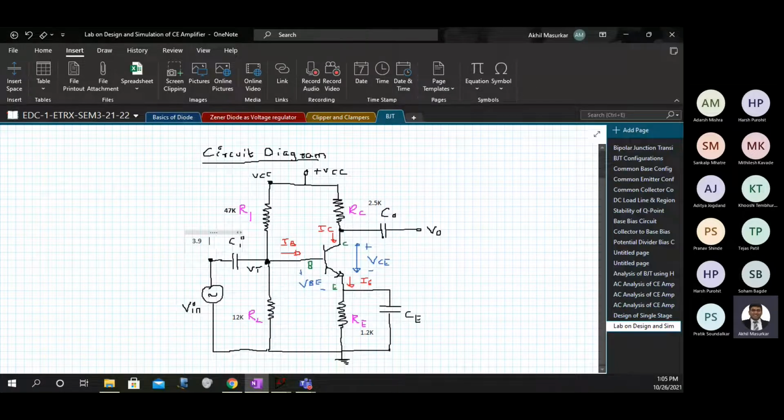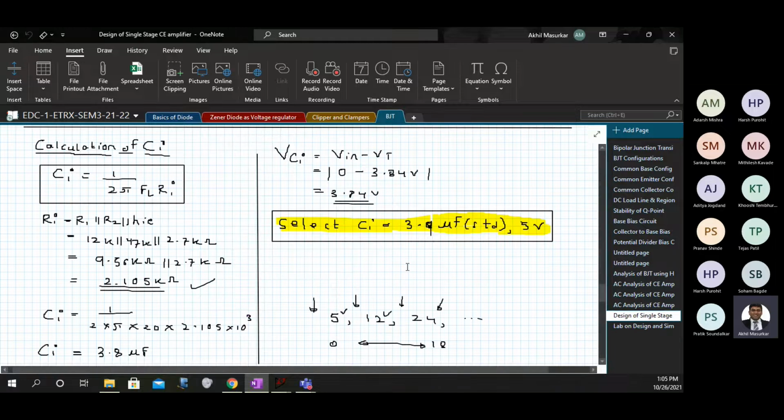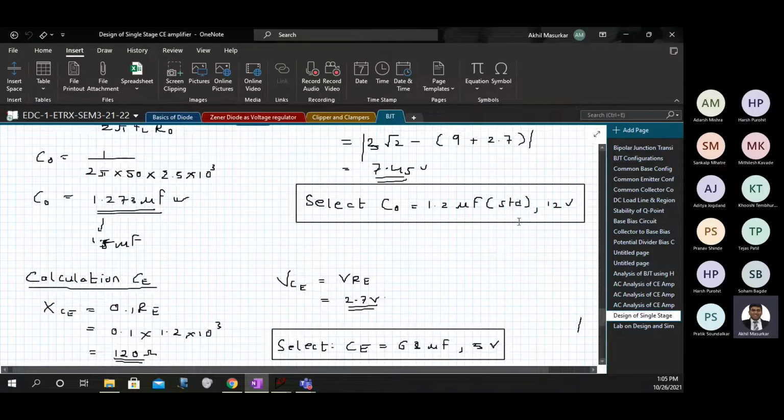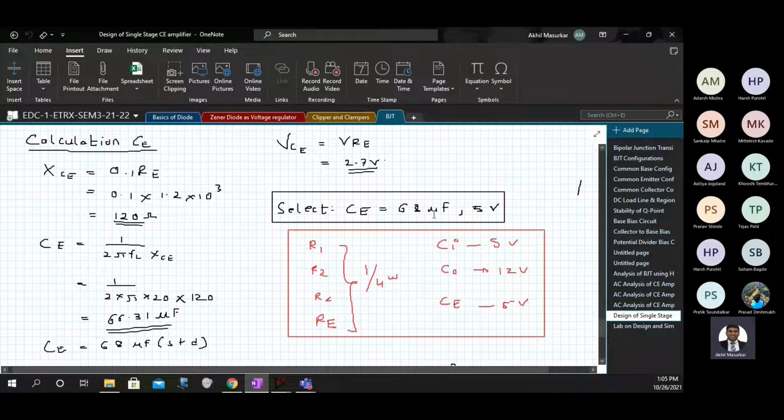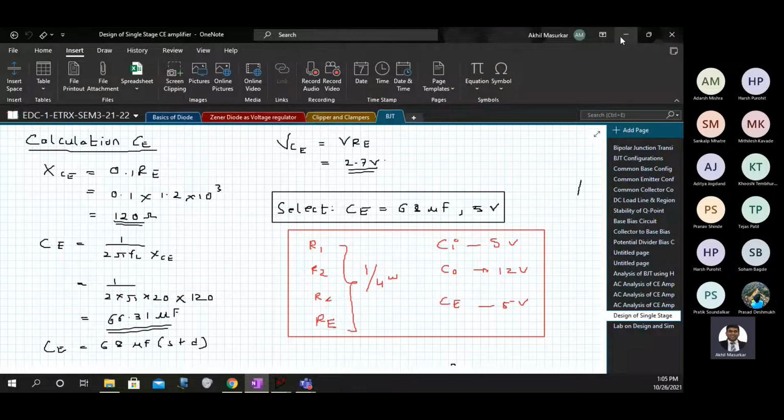Okay, forget it, since we don't have time. And here we have next thing, that is CE is 68 microfarads.